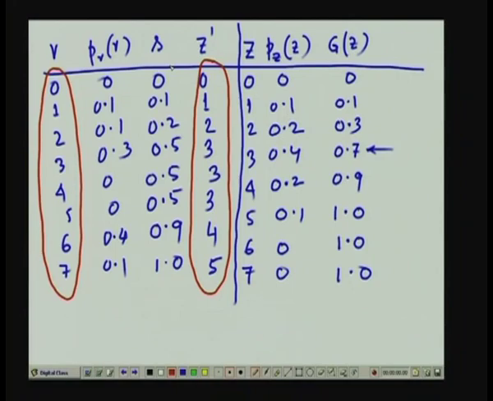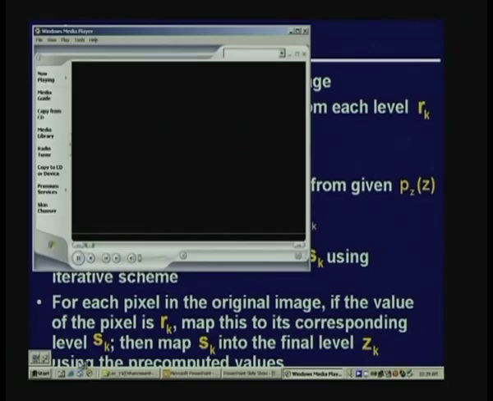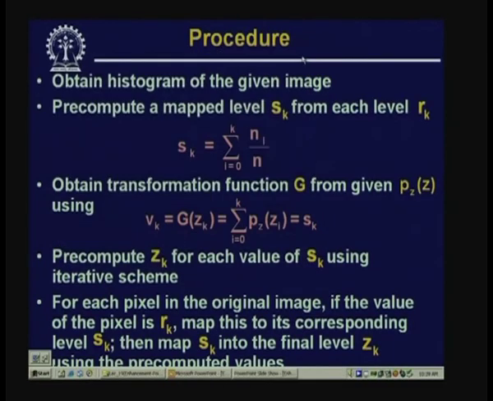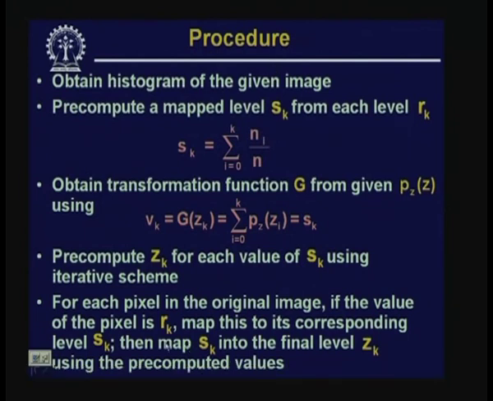Histogram matching. So, you find that our iterative procedure will be something like this: first you obtain the histogram of the given image, then pre-compute a mapped level Sk for each level Rk using this particular relation.